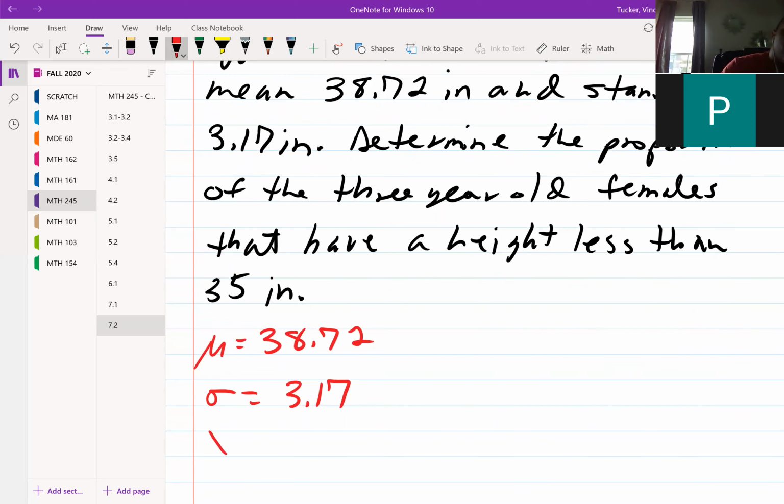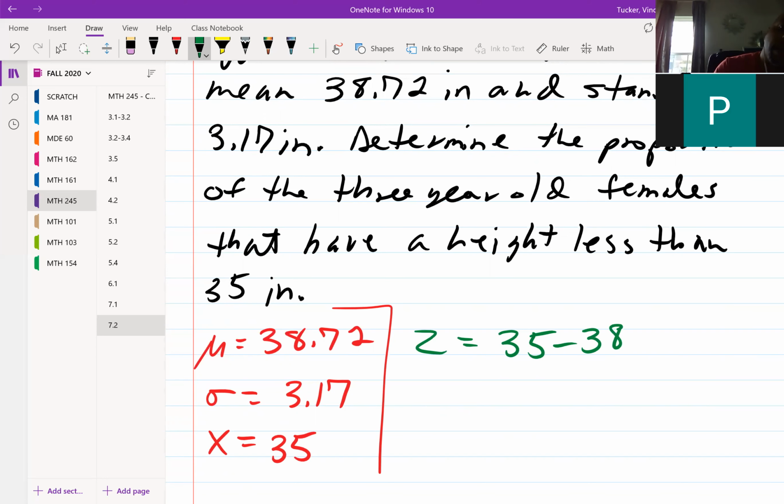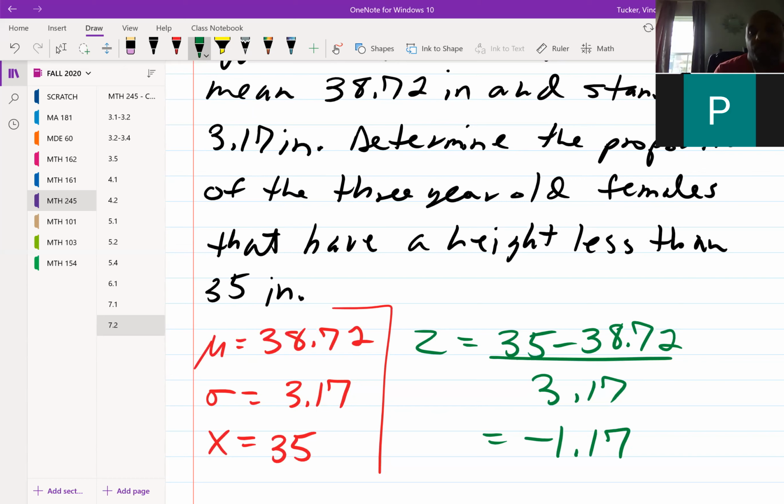So that's going to be our data value, our X. All right. Z-score is the data value minus the mean divided by the standard deviation. That would be negative 1.17.